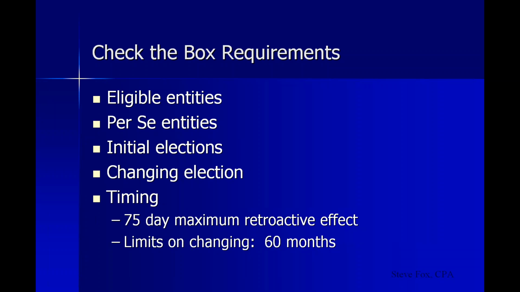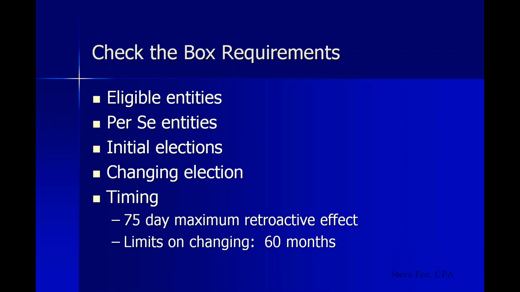You can change your mind today and make it effective at a different day besides today, simply by filing Form 8833 and specifying what date. That date can be retroactive by up to 75 days.